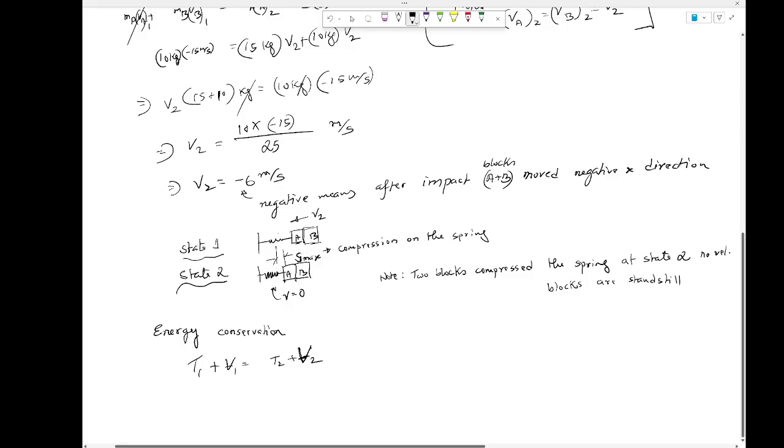After that impact, both of them are going to get pushed, but that's a different story. Before, there's no compression on the spring, and because the normal force is the same as the weight of the mass, there is no mgh for both cases, right? So the spring has no way of contributing to V1, but there is spring contribution at V2. The T2 is the same because they stopped. The T2, as I also said, would be zero as well, right?